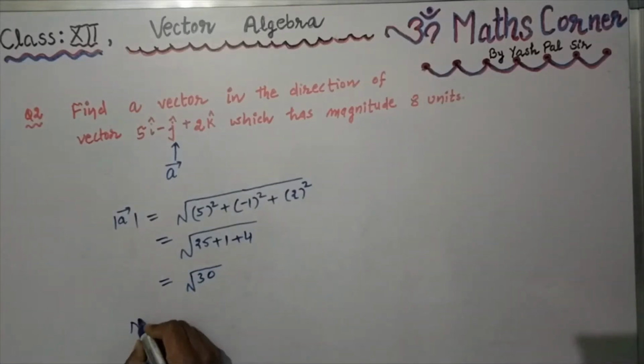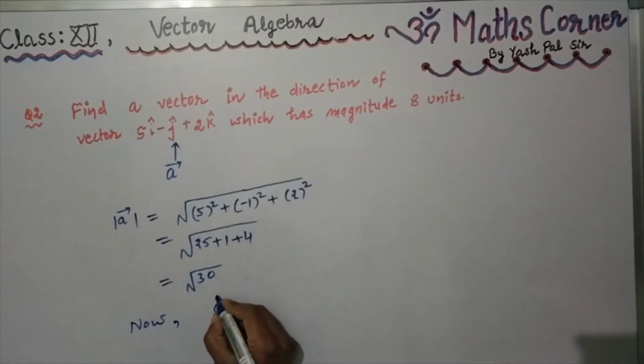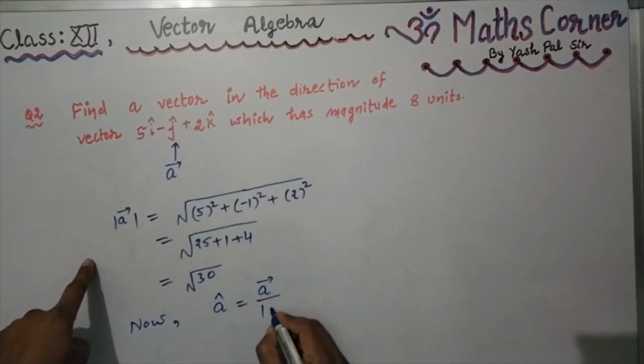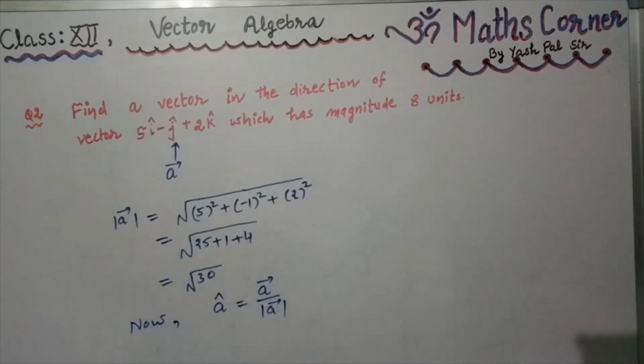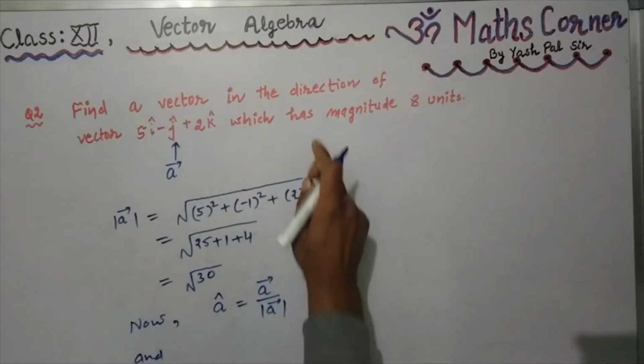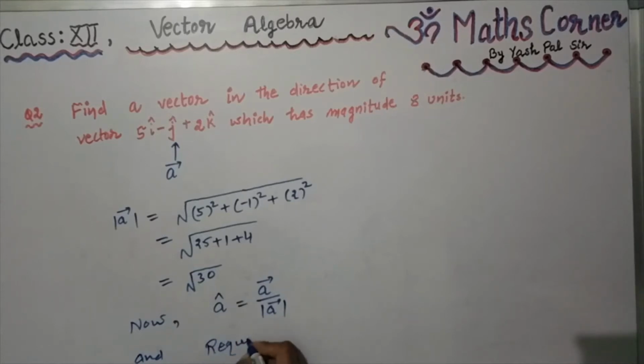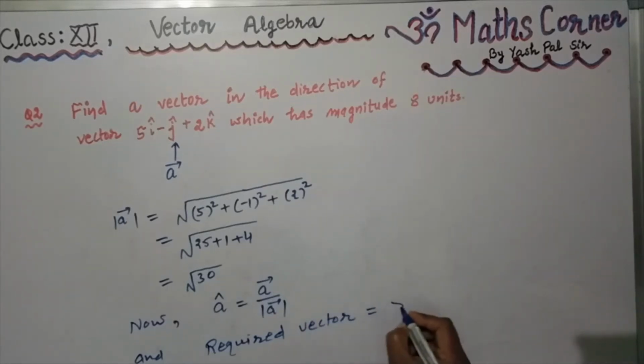Now what is the unit vector? Unit vector, A cap, is equal to vector A divided by magnitude of vector A. And the required vector having magnitude 8 units is equal to 8 times the unit vector.